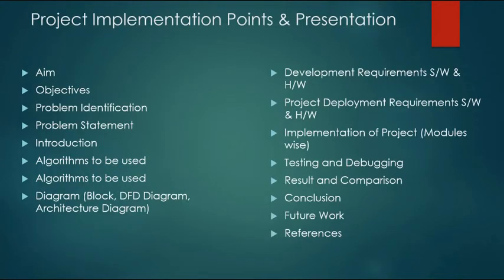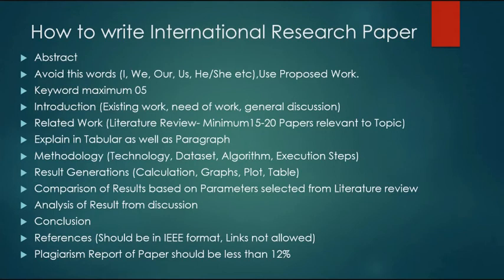As we discussed in the previous project implementation points, that is result and comparison. So if you refer to papers having experimental setups, outputs and some algorithm implementation, then and only then will you have comparative parameters, and based on those you can highlight your work and compare it with them.